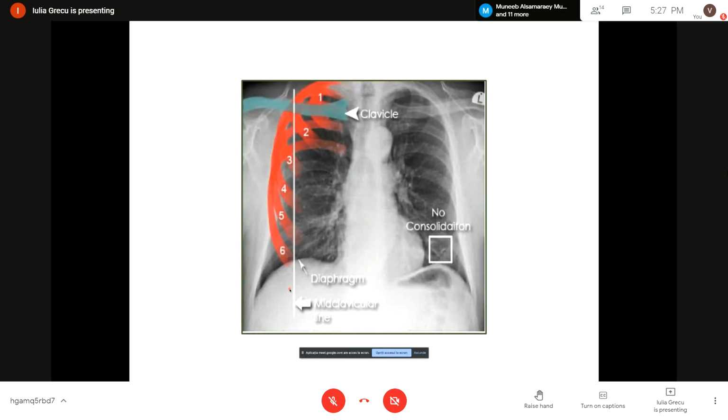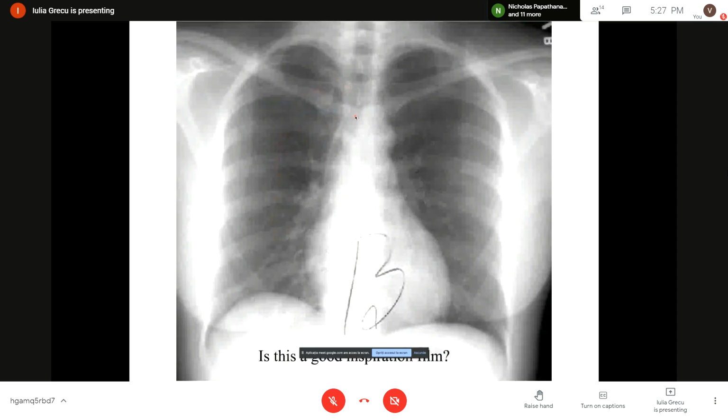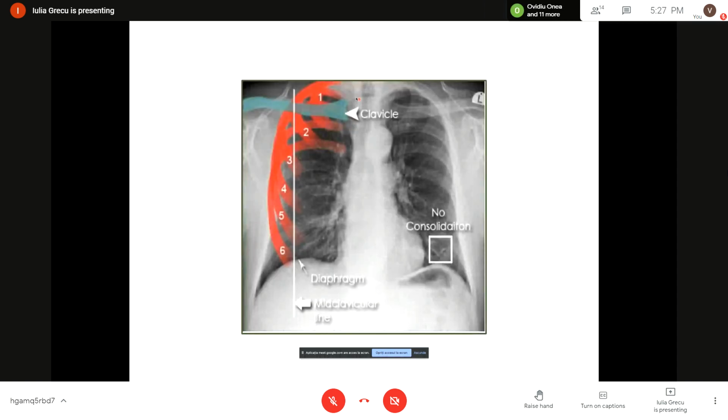This is a more schematic representation of what I have just told you. Maybe it will be easier for you to exercise if you have the ribs colored, so you can easily follow them. So the 6th rib meets the diaphragm in the middle, or 9 posterior arches to determine if there is a correct inspiration when we take this film.